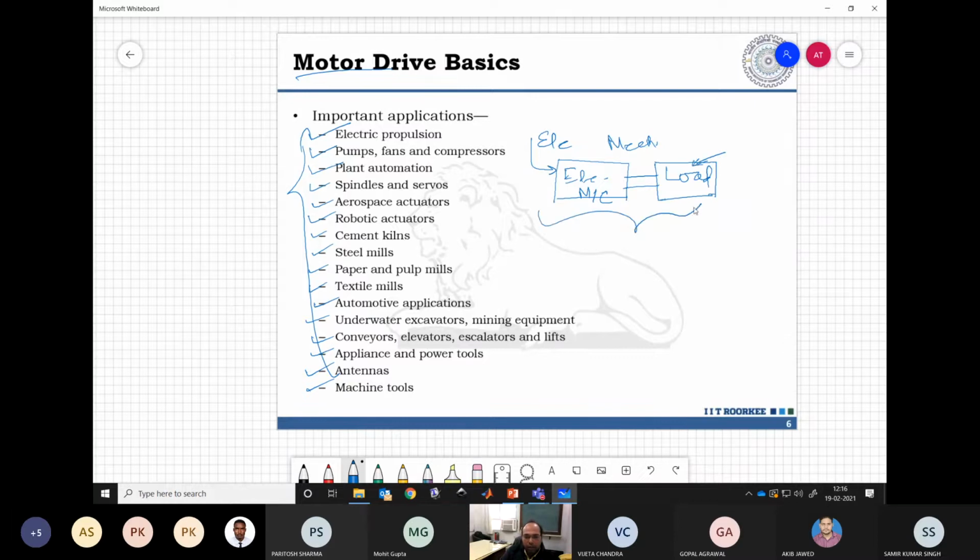In all the applications stated here, we have by and large this kind of system, where an electric motor runs some kind of load. These loads may have different dynamics, different nature, different characteristics. We will understand, for a particular dynamics or characteristic requirement, which electric motor or which kind of control is suitable for that application.